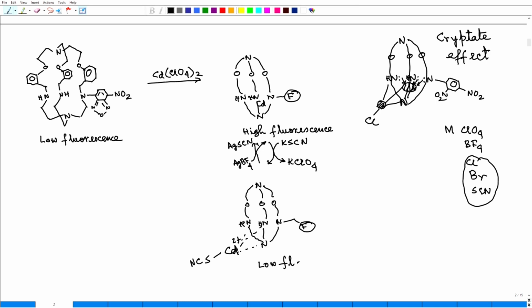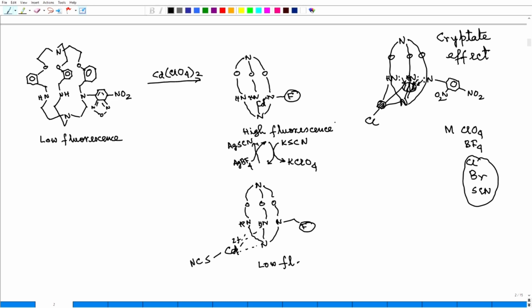Because cadmium and this nitrogen are very close, it has to bind, and because it binds, PET is blocked, so I will see high fluorescence. Here there is no metal, so when I excite it, PET takes place, so low or no fluorescence.